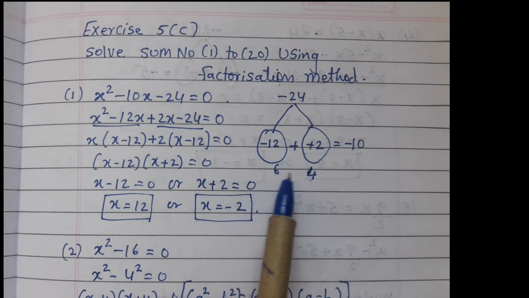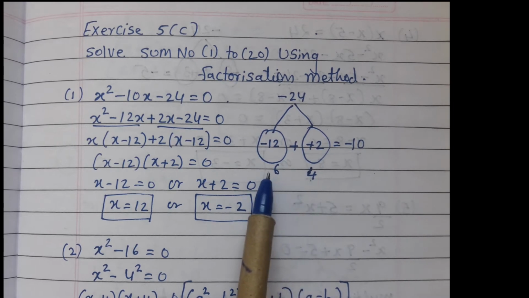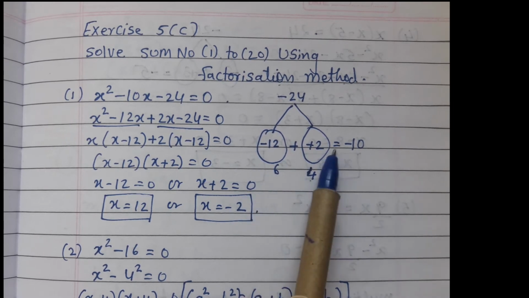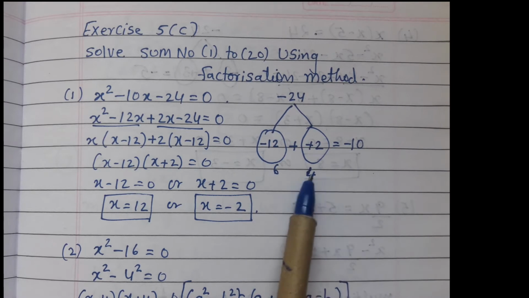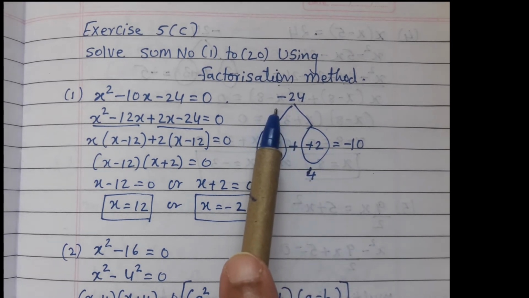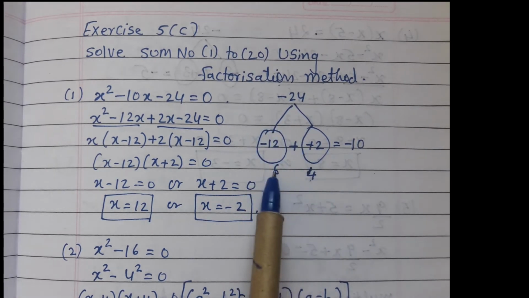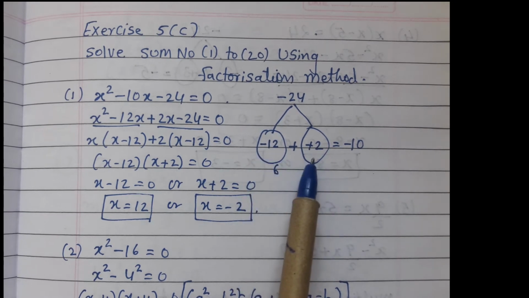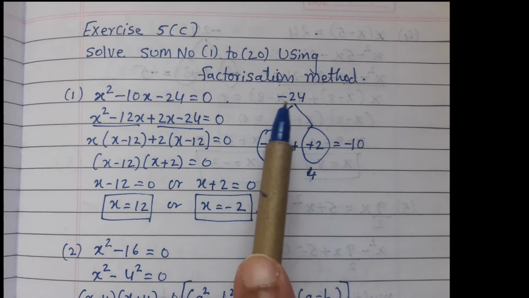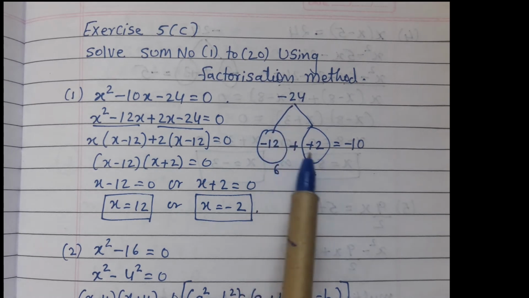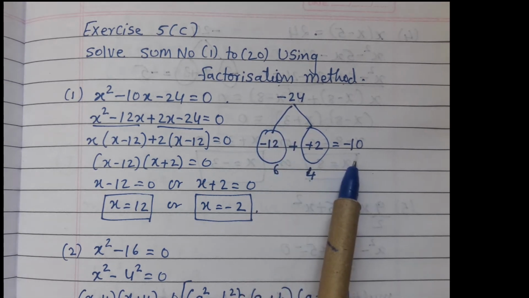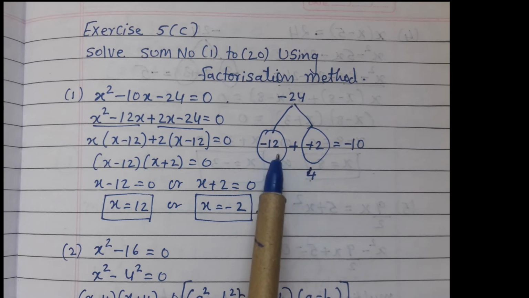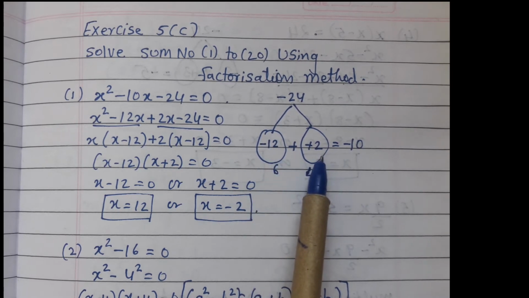See, even 6 and 4, but minus 6 minus 4, the sum is minus 10, but multiplication will be plus 24. So we can't take these two numbers. Minus 12 and plus 2. Multiplication is minus 24. Addition is minus 10. So we have to take minus 12 and plus 2, not 6 and 4.